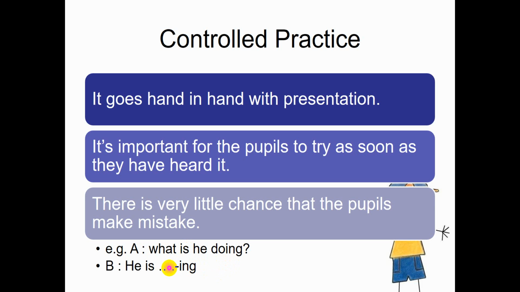So it should be the same. Remember, in controlled practice, the answer is only one. When students make mistakes, directly correct it, and make sure that it is the same as the presentation. The questions in controlled practice are the same as what the teacher presents.